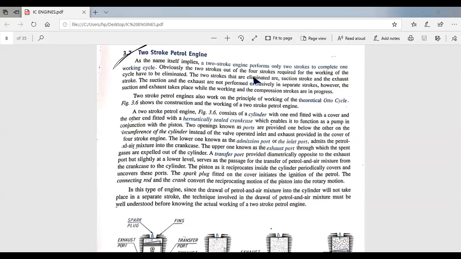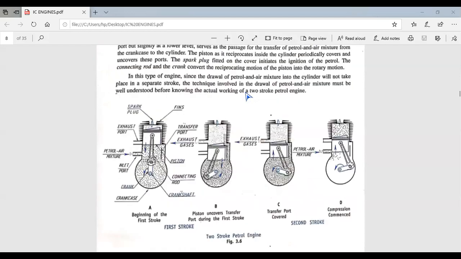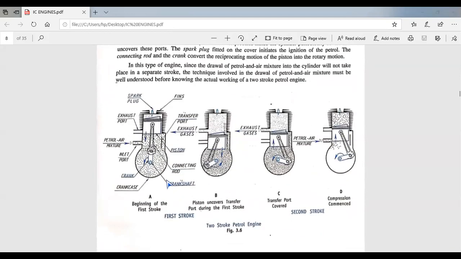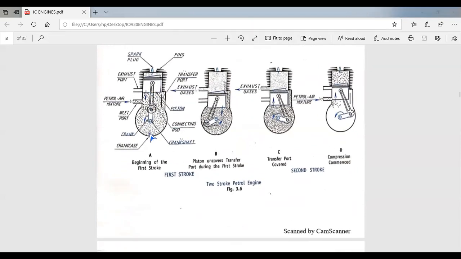One cycle of the engine completes in two strokes. All of you observe here. This is the two-stroke petrol engine. What components are present here? Just observe here.